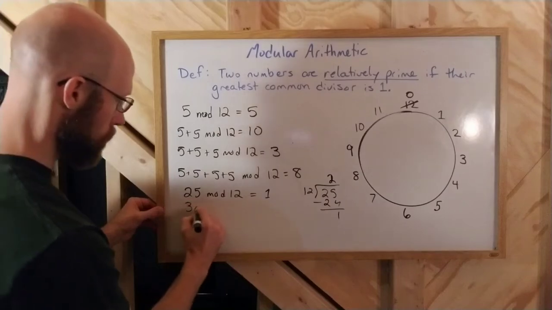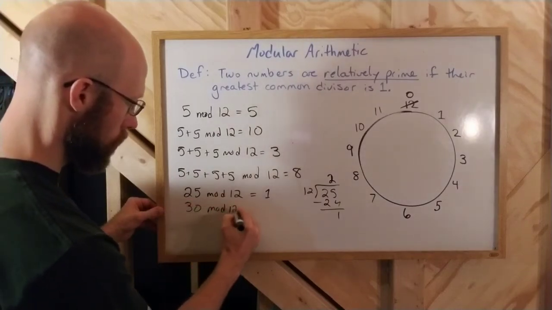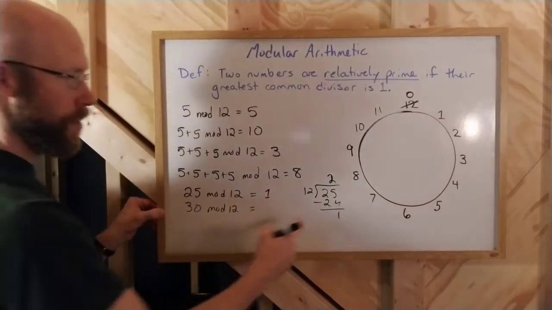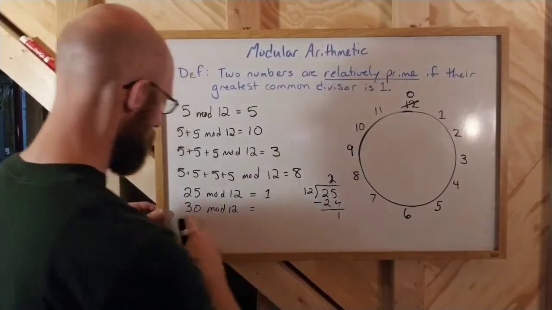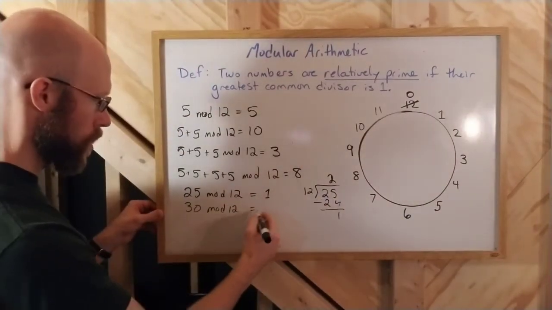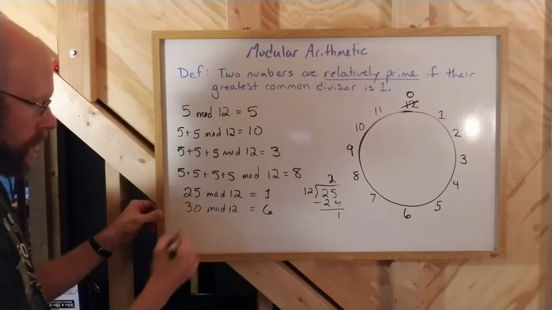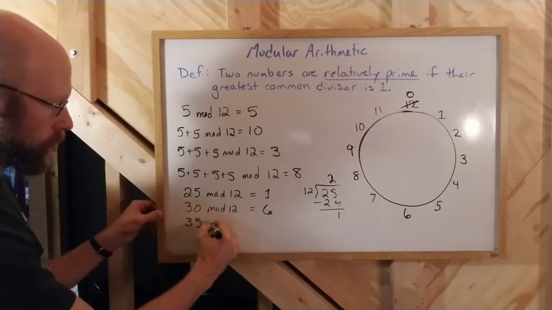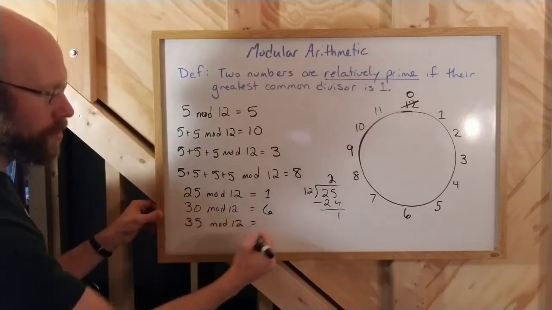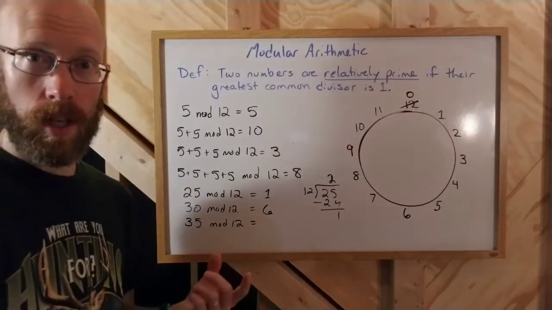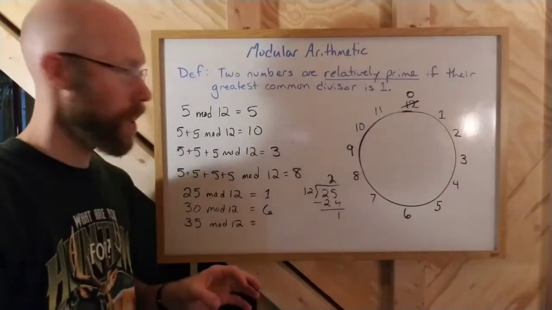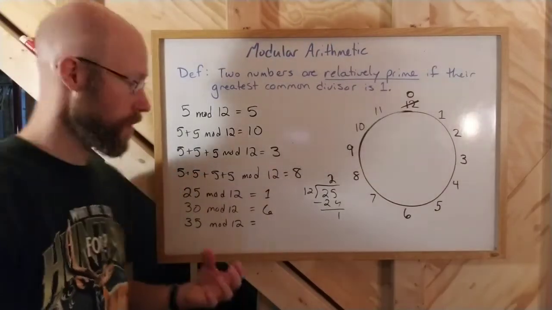We jump up another 5, it'd be 30 mod 12. 30 mod 12 would be, if you take out that same 24, you end up with 6. And then if you did 35 mod 12, and notice we haven't repeated anything yet, which is kind of where I'm getting at here. I'll stop when we repeat something.